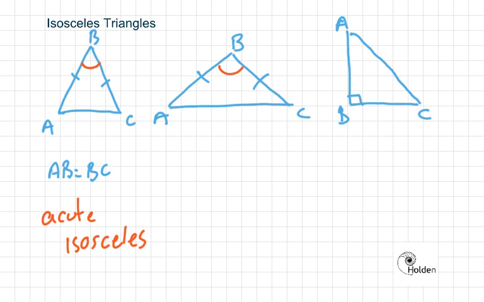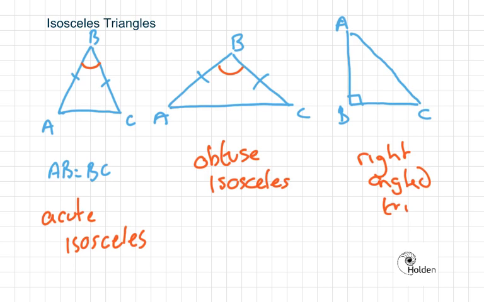In the second, we're dealing with an obtuse isosceles triangle. And in the third, we're dealing with a right-angled isosceles triangle.